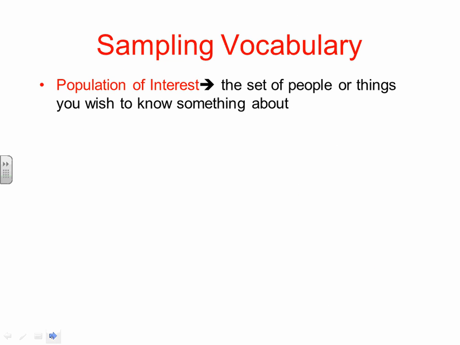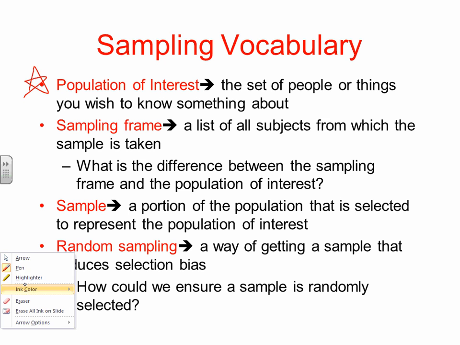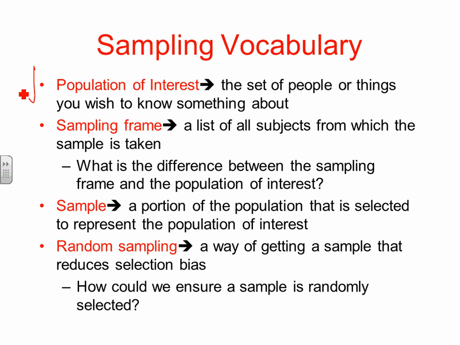So some vocabulary. Population of interest, you should know. The population is just the entire group of things or units of people that we want to know something about. So this is not new. We also know what a sample is.